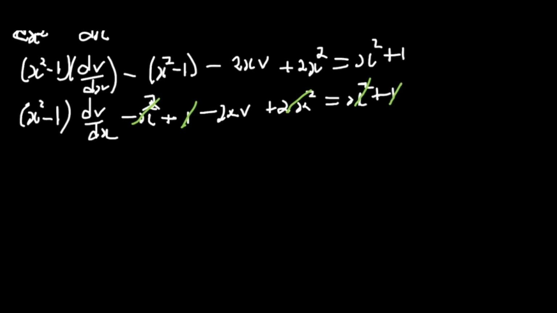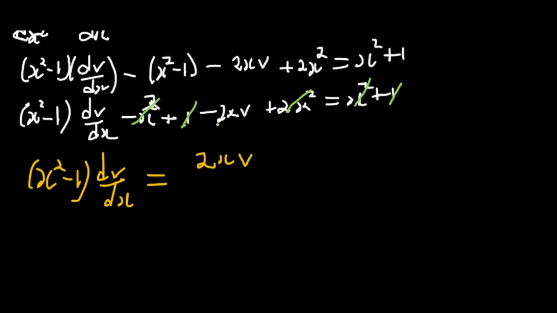So here we are left with x squared minus 1 dv over dx equals 2xv, when we send that the other way. So this implies that our dv over dx will simply be 2xv over x squared minus 1.